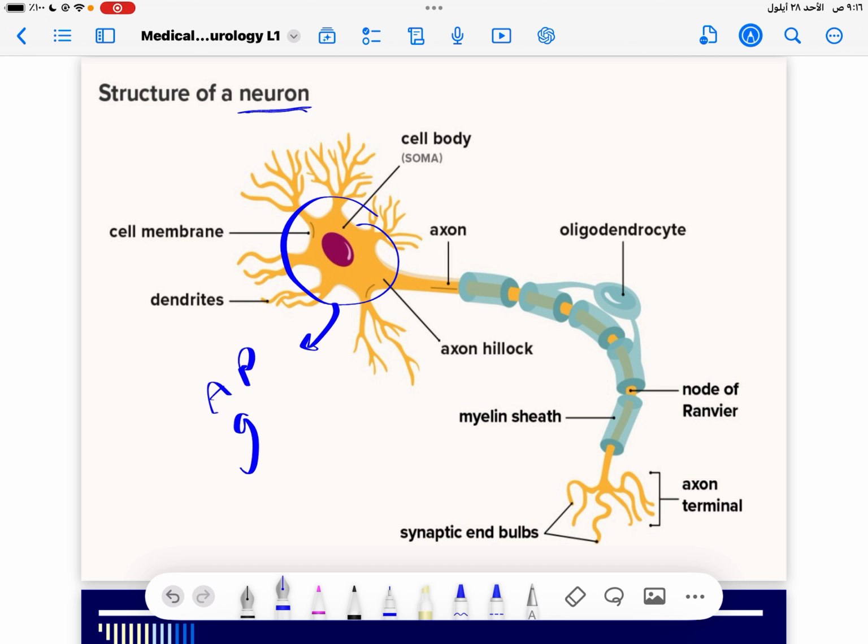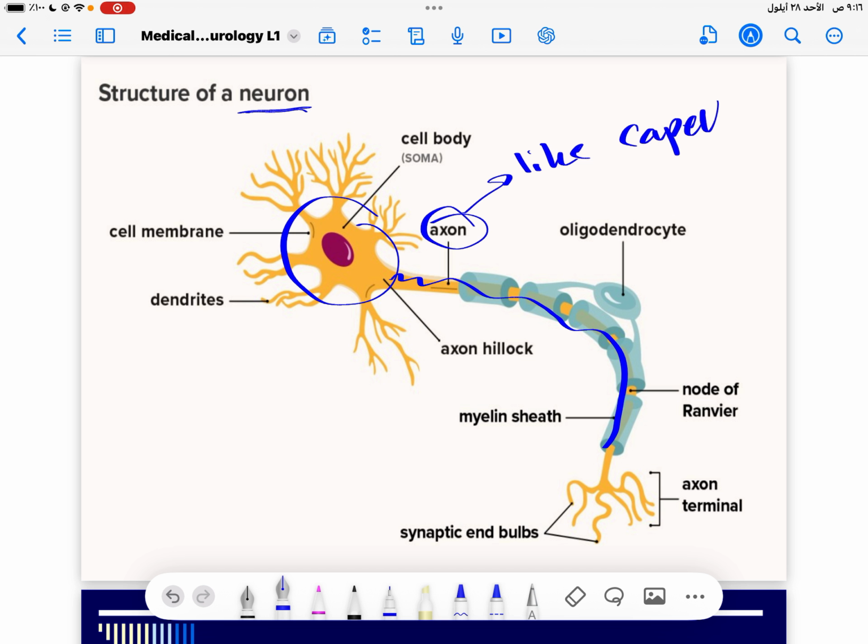Now all the messages in the nervous system are carried through neurochemical signals. And these signals are usually generated in the neuron and then transmitted in the axon. And that axon, like a cable or wire, is covered by the myelin sheath.